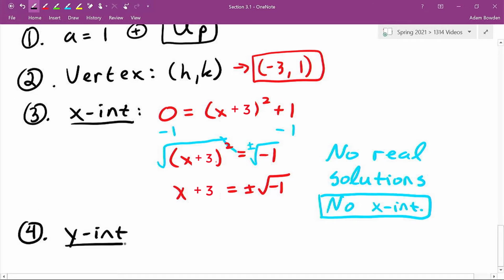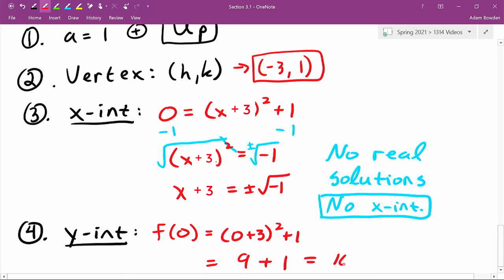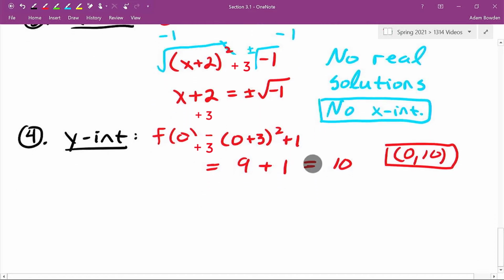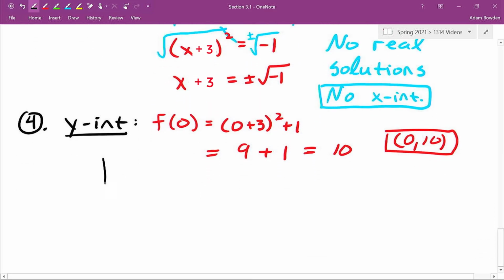And we do that again by plugging in a 0 for x. So it would look like 0 plus 3 squared plus 1. So that would be 9 plus 1, or 10. So our y-intercept would be the point 0, 10. Now we have all the information we can use to get to the graph of our function.